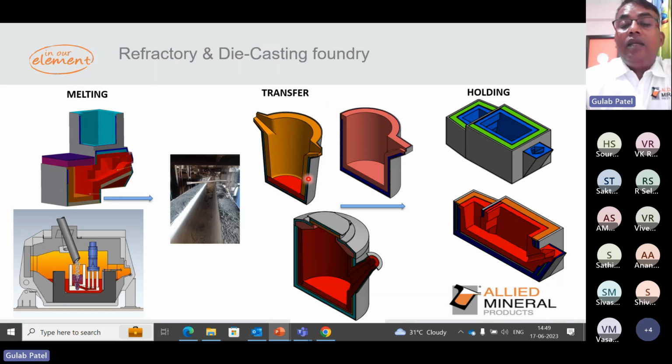From the ladle, the liquid metal is transferred to the die casting holding and dosing furnaces, and from these finally the production starts in the die casting. These are the equipments directly associated with refractory, or you can say lined by refractory products.